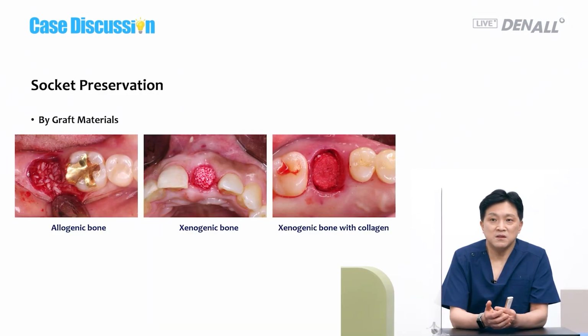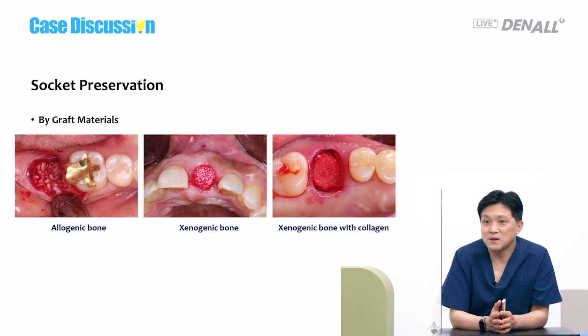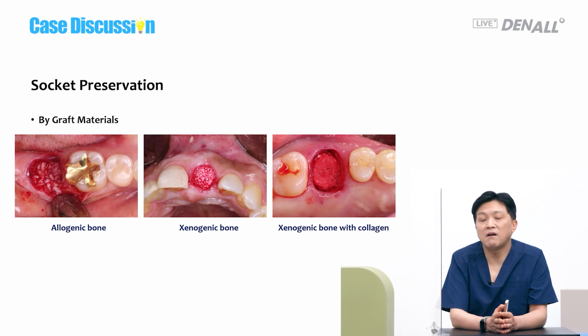I do socket preservation quite often, so I will explain with my cases. Socket preservation broadly has two classifications. First, by the graft material that goes into the socket. It can be allogenic bone, xenogenic bone, and these days collagen block is used a lot, so xenogenic bone with collagen block.